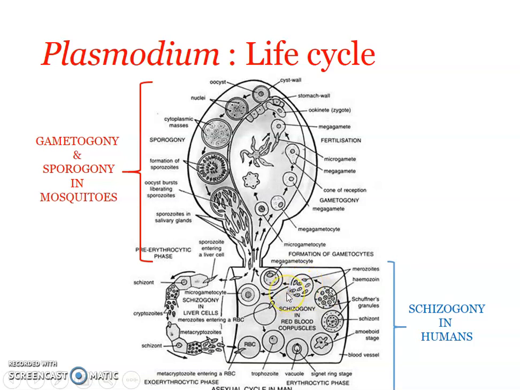These released merozoites can now invade new fresh RBCs, which are not infested so far. Okay, fresh RBCs may be invaded by these merozoites to repeat the erythrocytic schizogony, right? At the same time, these ruptured RBCs, which are referred to as ghost cells, may get destroyed, or may be taken into the spleen.